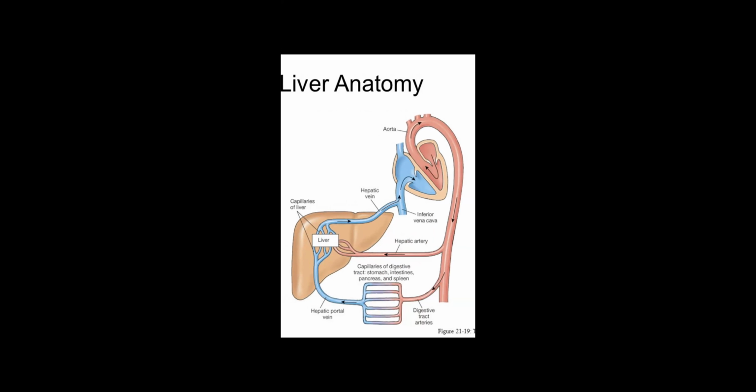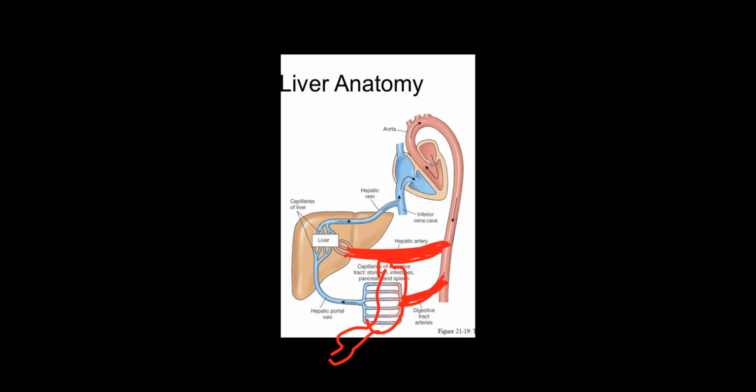Here you have to imagine that there is an alimentary canal. The alimentary canal receives blood from the aorta; one branch goes to the liver also. So one goes to the liver and one branch goes to the alimentary canal.